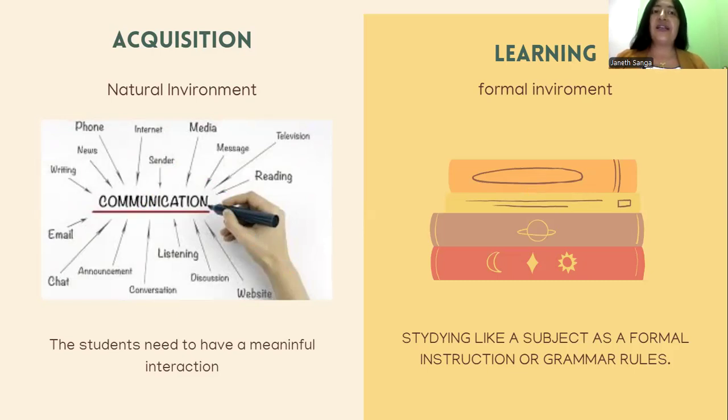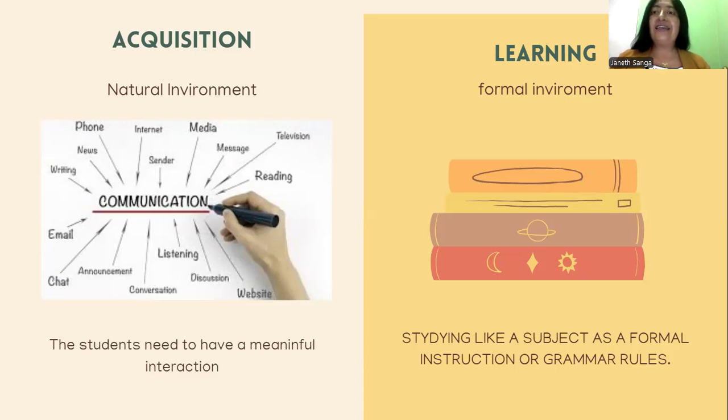This is the natural environment. Or when the students are watching TV, writing a message, listening to music, writing an email or chatting in English. So it is a natural environment where the students are exposed to real context of the language, okay?